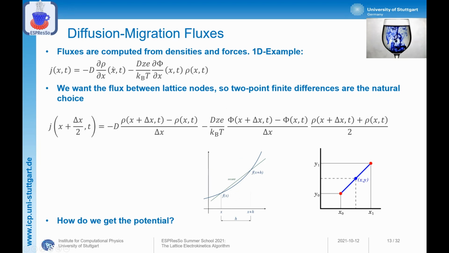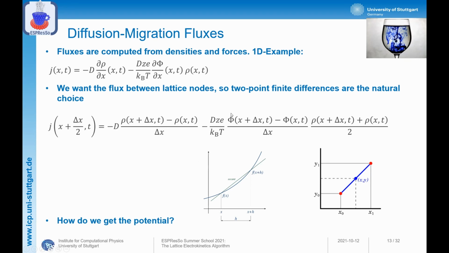This is what we do for the two derivatives. So we do that for the density derivative, and we do that for the potential derivative. Both of them are just finite difference. And then the density back here is just linearly interpolated between the two nodes that are neighboring the link that we're looking at. So this looks scary, but it's actually rather simple.